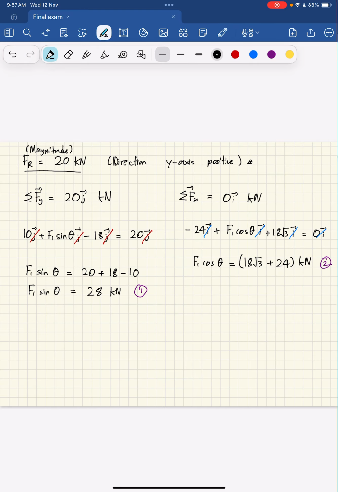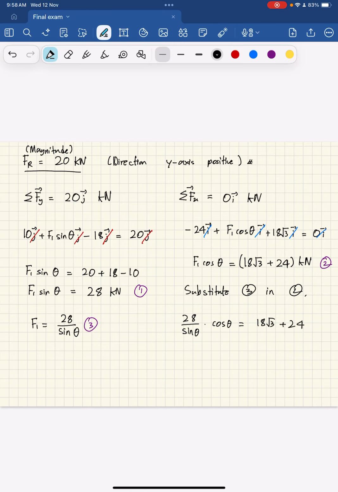So I think we can rearrange it. We can say f1 equals 28 divided by sine theta. We can call this equation 3. Then we substitute equation 3 in 2. So f1 becomes 28 over sine theta times cos theta equals 18 root 3 plus 24.